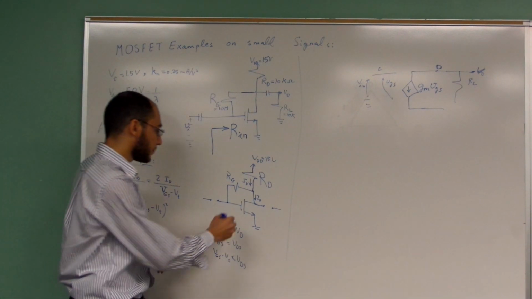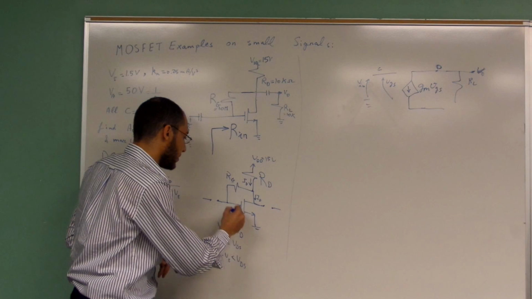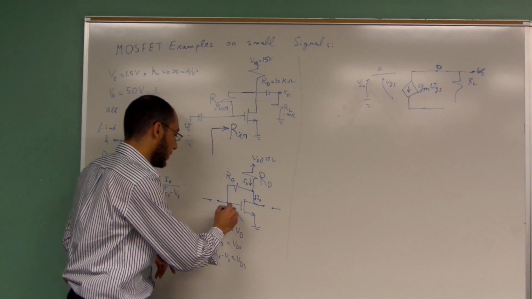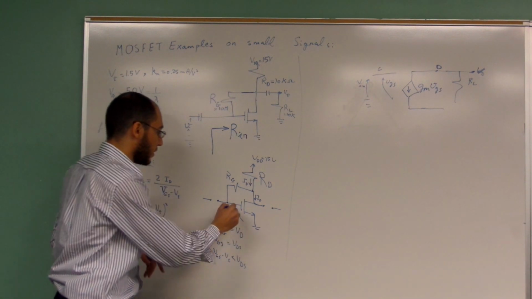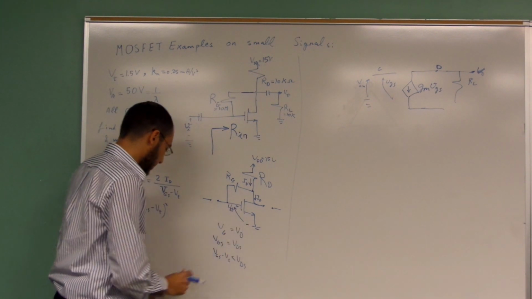If you look here, you'll find that this is VGS. So that's a positive and that's a negative.